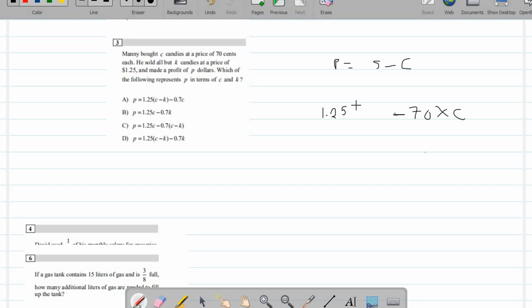So we have C minus K to know how many she sold. So P is equal to 1.25 times C minus K, minus 0.7C. Since it's 70 cents, we're trying to make it dollars, so 0.7C.